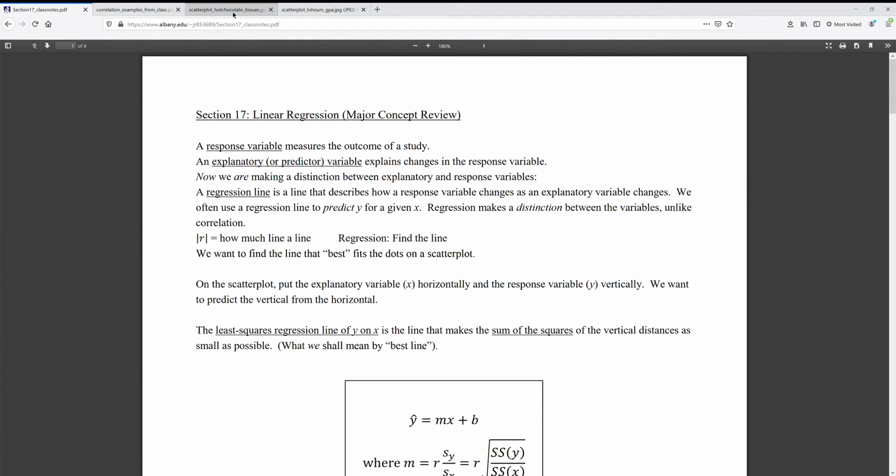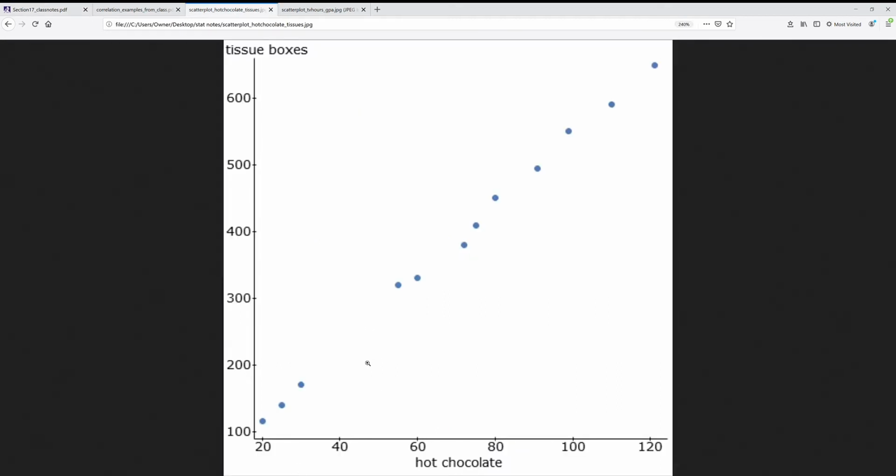But notice, however, that as I said in section 16, when you're talking about correlation, we're not making any kind of distinction between which variable is which. The correlation between tissue boxes and hot chocolates is exactly the same number as the correlation between the other way around.